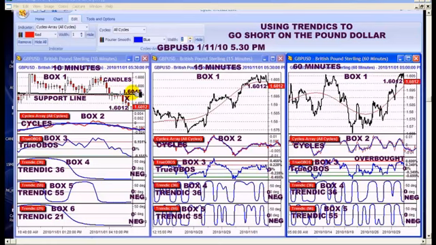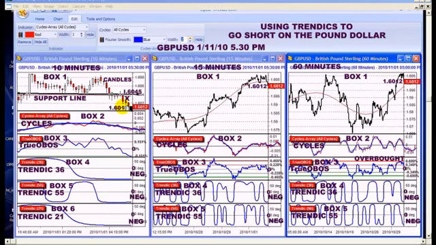So the entry point was put on at 3:30 p.m. and the breakout was at 1.6045, and you can see that when this graph was taken, it had already fallen to 1.6012 to give a 33 pips profit in 2 hours.